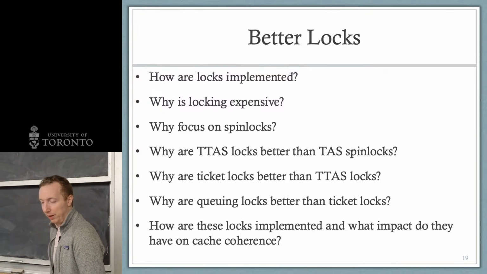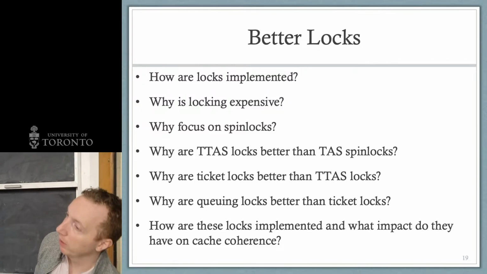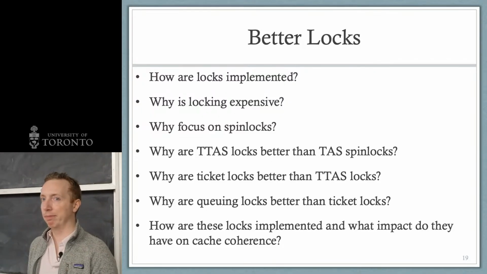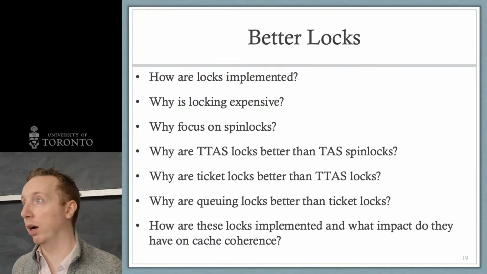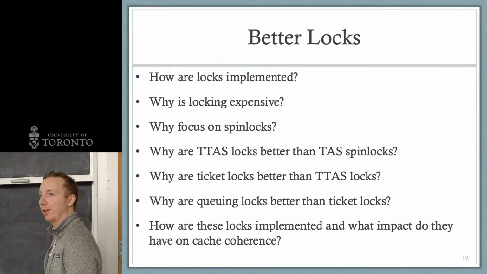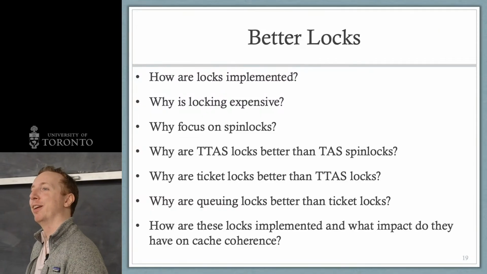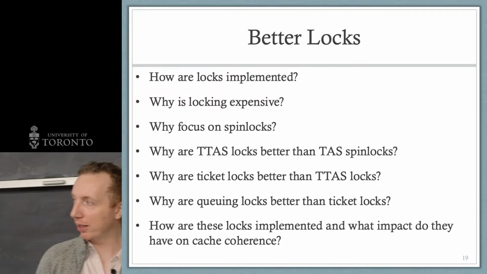Then we got into better locks, and how locks are implemented, mostly with atomic instructions. So there's compare and swap, test and set, and what's the other one? Fetch and increment, or fetch and add, or something like that.